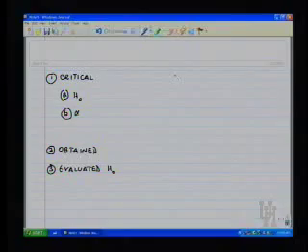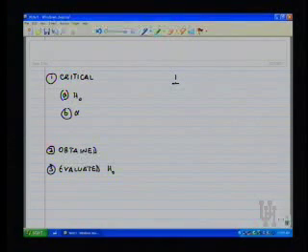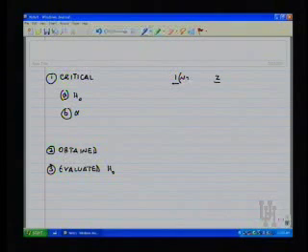In order to test this hypothesis, the marital satisfaction of 62 randomly selected married persons is measured. 29 have no children and 33 have one child. So we have two groups. We have group 1 and group 2. Group 1 have no children and group 2 have one child.